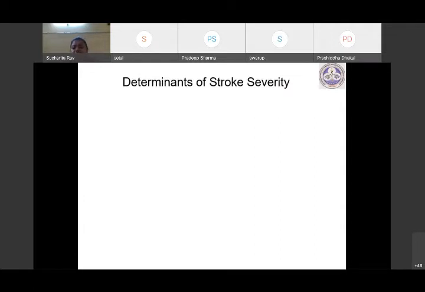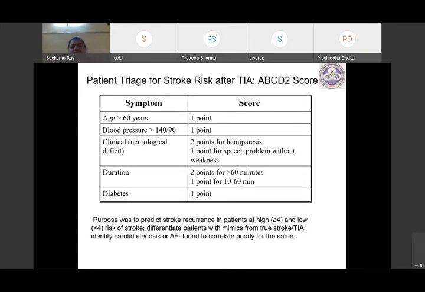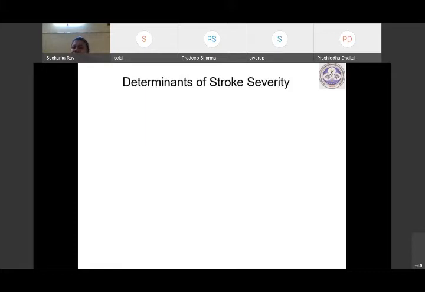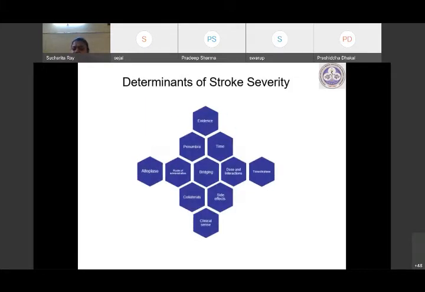And remember, that is why when we were discussing ABCD2 and finding out that these are the conditions for assessing the severity of TIA, we also have similar determinants of stroke severity. So the final severity of the stroke that you might have has so many other factors.